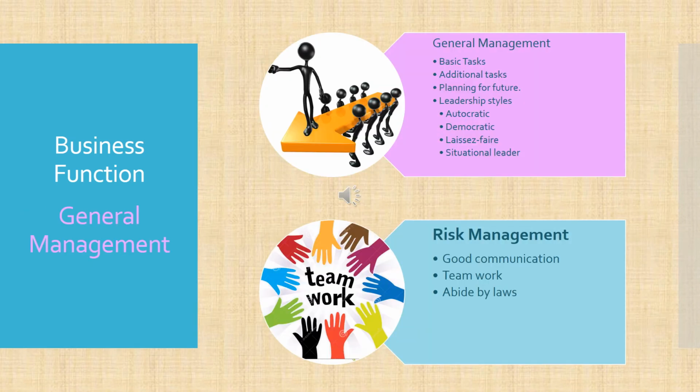Okay, the last business function we are going to look at in this unit is general management. General management encompasses so much. Okay, so obviously when we're talking about general management, we have basic tasks that a general manager needs to do, and they need to be planning for the future of the business.